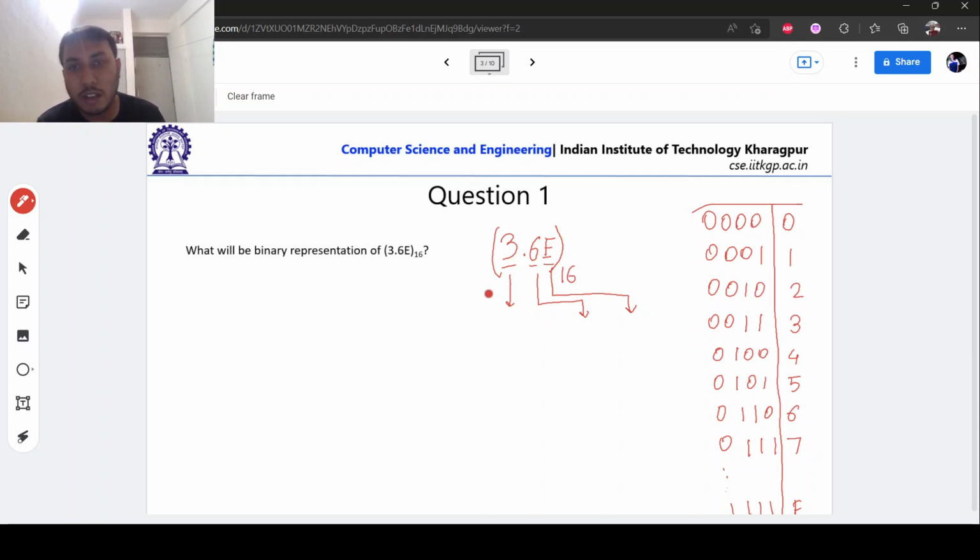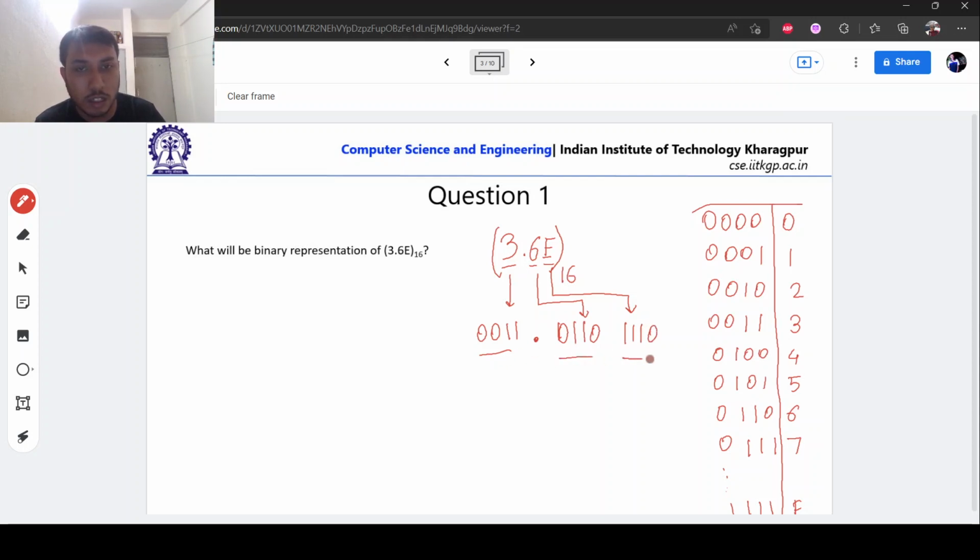So the binary representation of 3 will be 0 0 1 1. Then there will be a decimal point. 6 will be 0 1 1 0, and E will be 1 1 1 0.